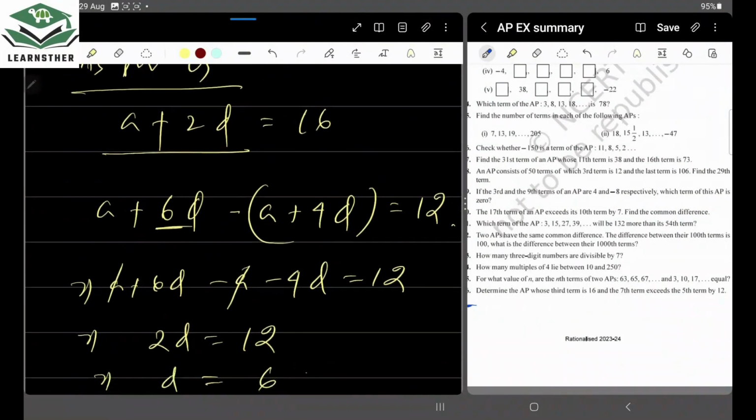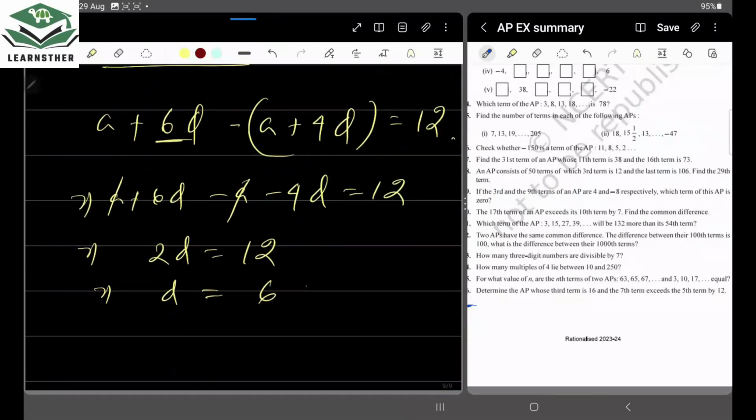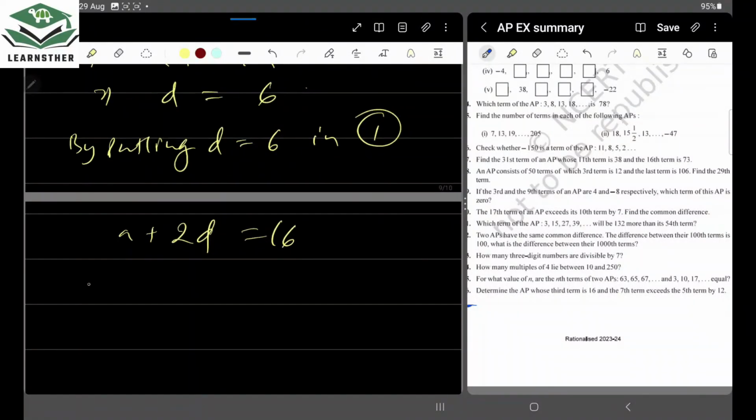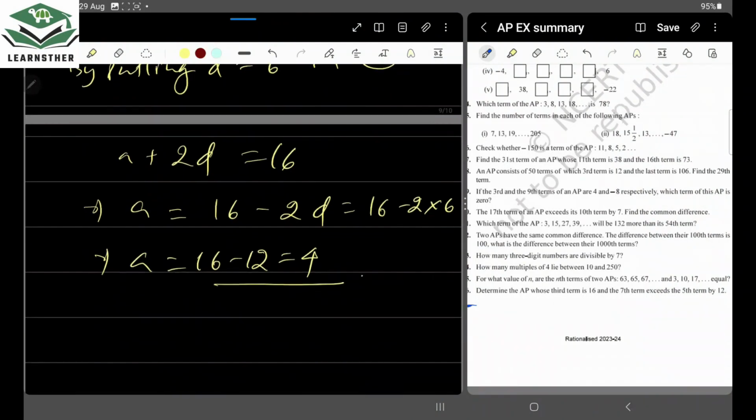d will become 6. Let us call this equation 1. We can find out a from this by putting d equal to 6 in 1. a equals 16 minus 2d. This can be written as 16 minus 2 into 6. a will become 16 minus 12, which is 4.